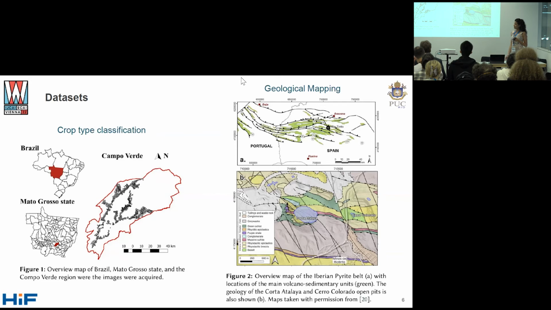Then for our approach, we focus on the major classes, the most important ones. For the agricultural dataset, cotton and maize, and for the geological mapping, the classes that I just mentioned, and the rest of the classes of the dataset are grouped in a class called others.